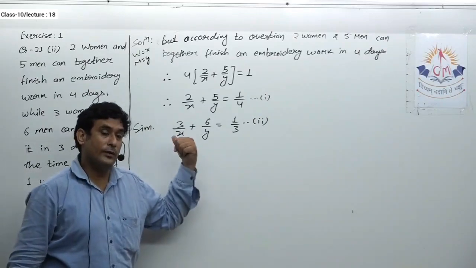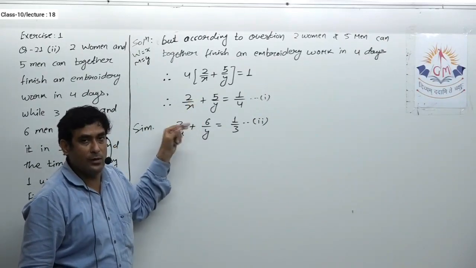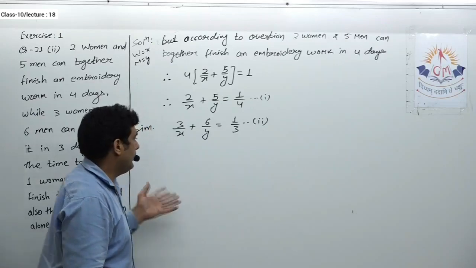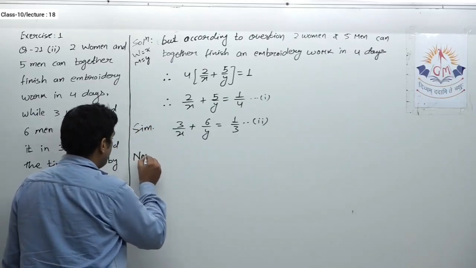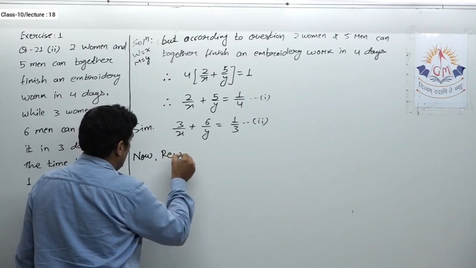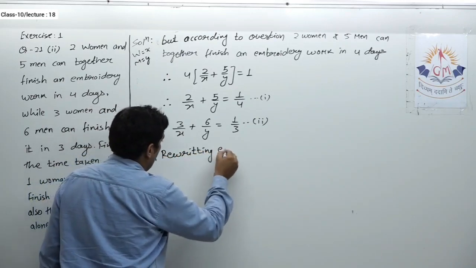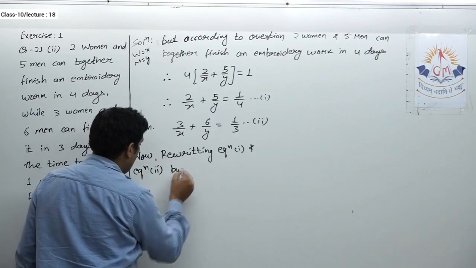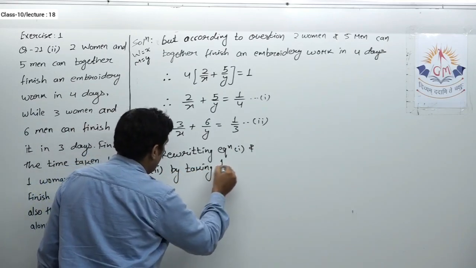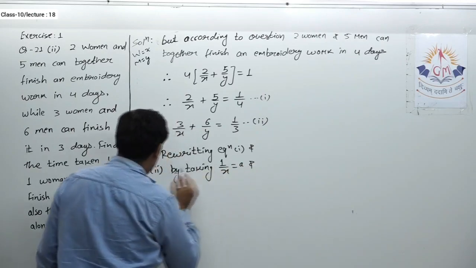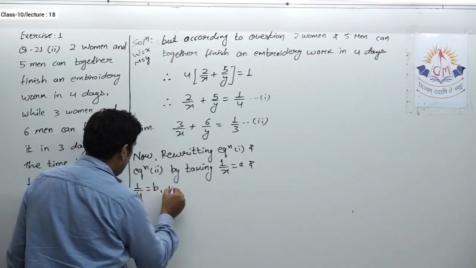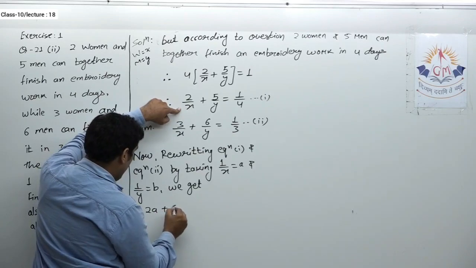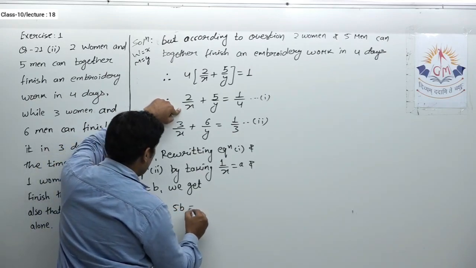Now I have to go with that method. That means now I rewrite the equations by taking 1 upon X equal to A and 1 upon Y equal to B, and then by solving it I will be able to get X and Y. So now rewriting equation first and equation 2 by taking 1 upon X is equal to A and 1 upon Y is equal to B, we get 2A plus 5B is equal to 1 upon 4.